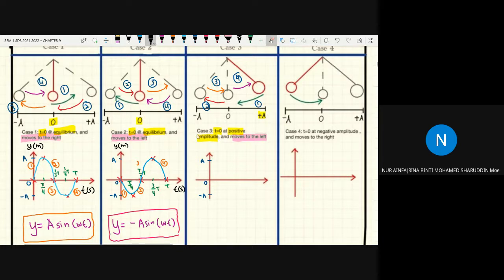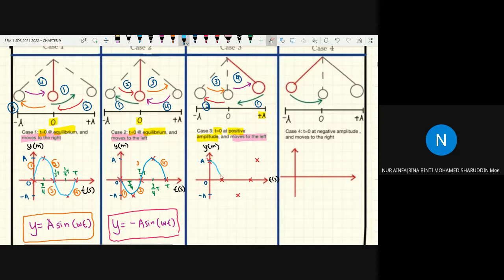And your part C is still the same, a displacement time graph. Then you can plot. The only difference now is, where does it start? It starts from positive amplitude. When your time is zero, it starts from positive amplitude. Then it goes to equilibrium. After that it goes to negative amplitude. Then it returns to equilibrium and finally to positive amplitude.